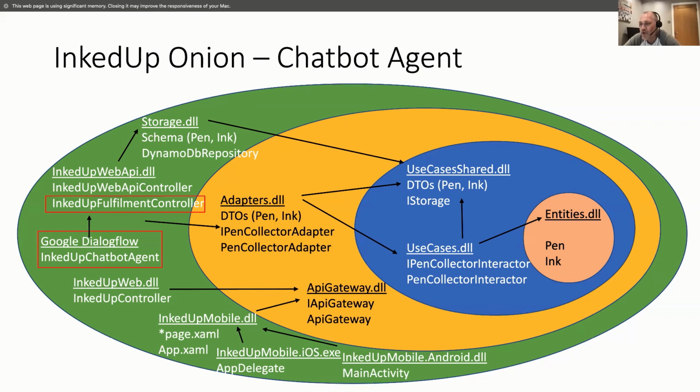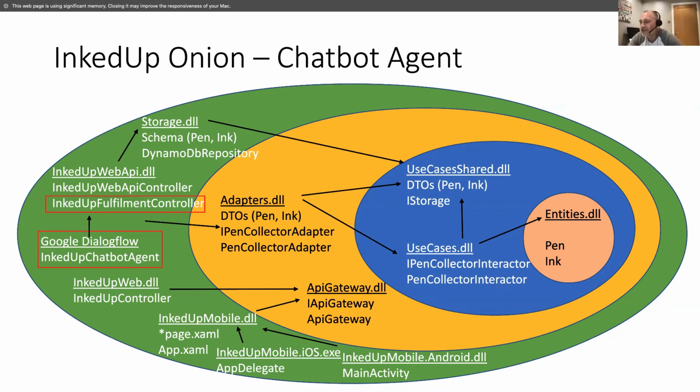Storage itself is injected down into the use case via the adapter. So it goes from the mobile app, it gets injected into the web API, from the web API it gets injected into the adapter, and then that'll inject it into use cases. But this is where dependency inversion comes in, because we're using dependency injection there.